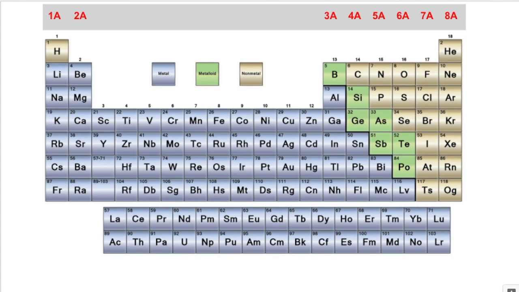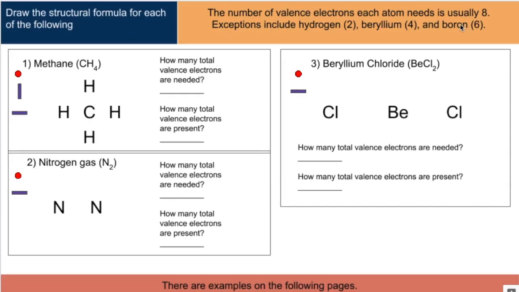Okay, so something important to note too, and you'll see up here, there's a reminder. The number of valence electrons that each atom needs to be full is usually 8. Okay, the exceptions to those, you already knew hydrogen, because hydrogen only has an S level, so it can only have a maximum of 2. But there are 2 other elements that don't abide by being full at 8.